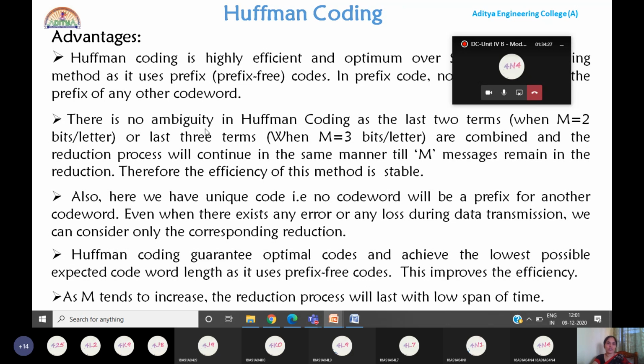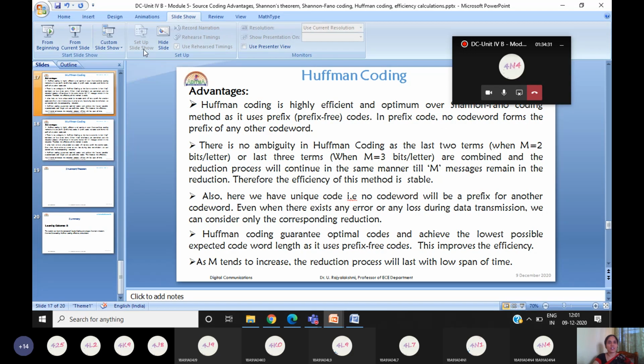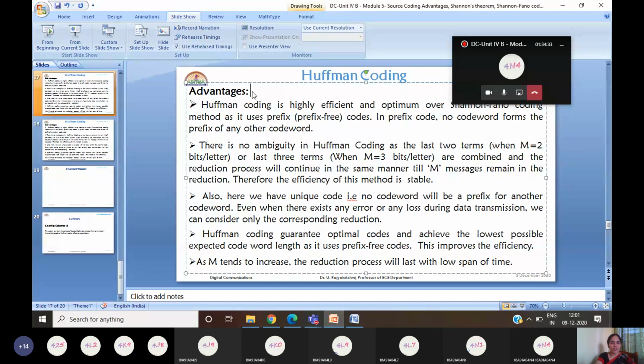So almost all 5 advantages, 5 plus 2 advantages. What are the common advantages here? Lossless compression, and entropy based source encoding.